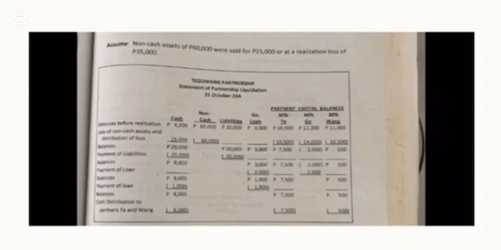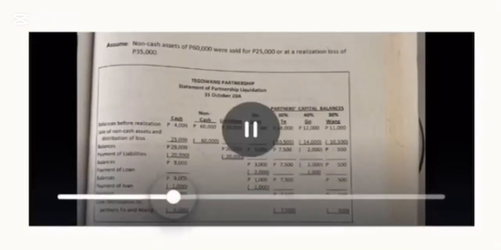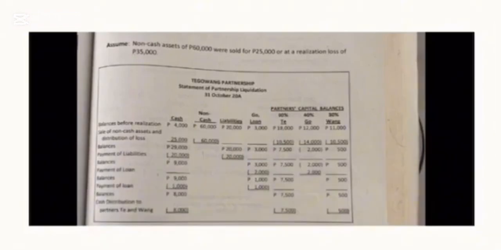Sale of non-cash assets and distribution of loss 25,000, balance 29,000. Payments of liabilities 20,000, balance 9,000. Payments of loan 1,000, balance 8,000. So the cash distribution to partners T and Wang is 8,000.